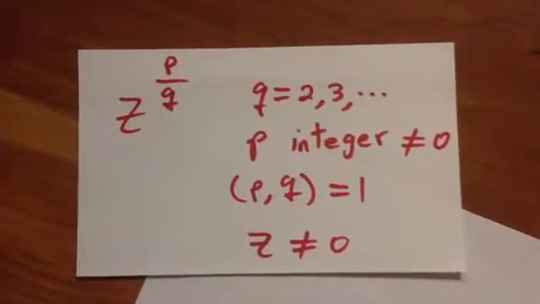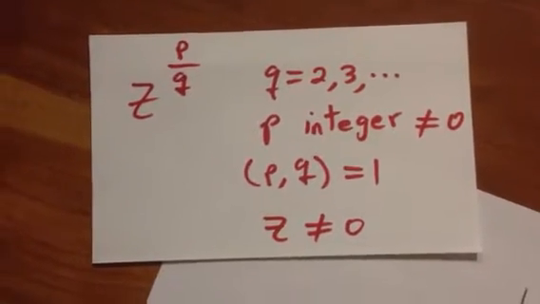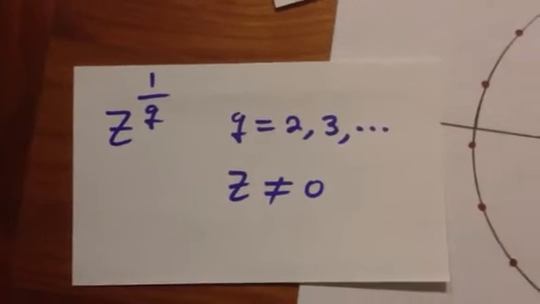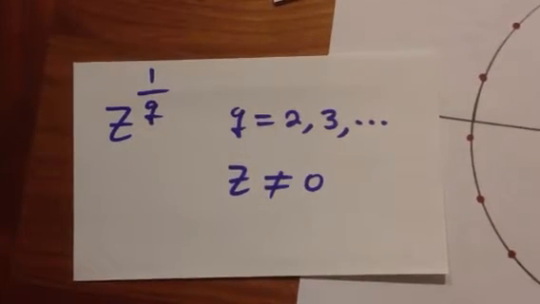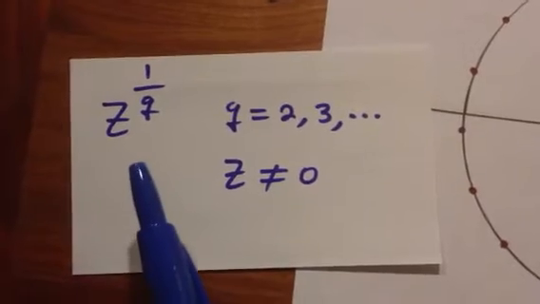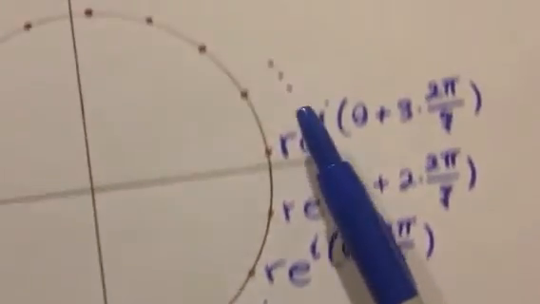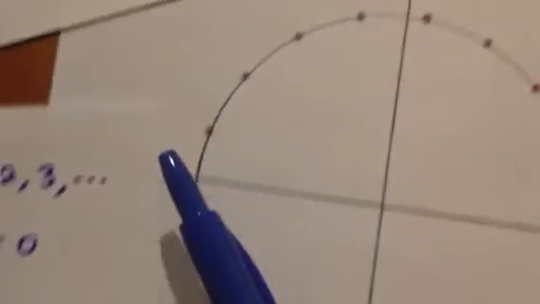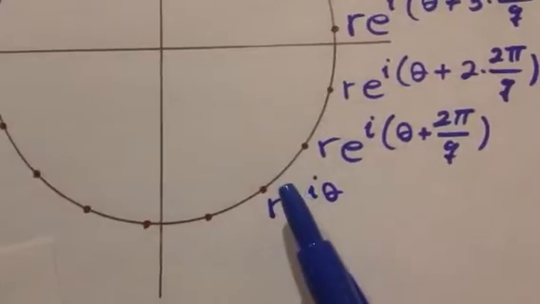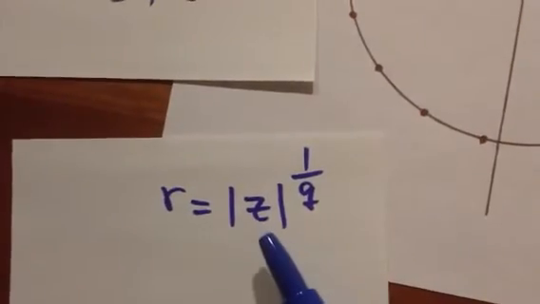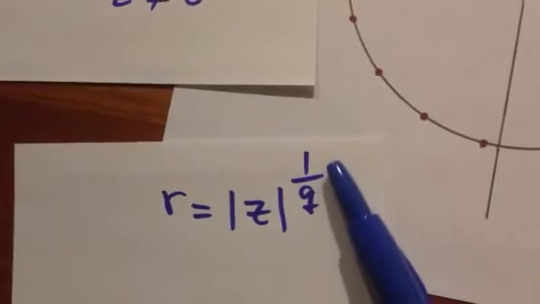So where are we in the general case? So we know that in this case there are exactly q values, and they're all equally spaced along a circle of radius r centered at the origin, where r is the absolute value of z raised to 1 over q.